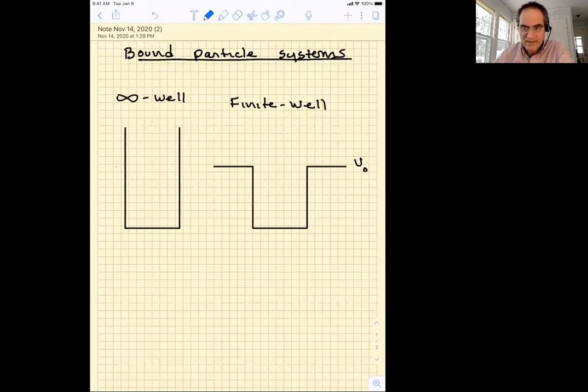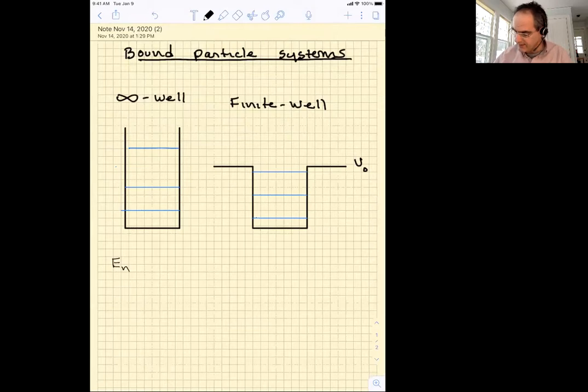In each of these systems, we found energy levels, confined states, which I'm just going to sketch in here. These two systems.